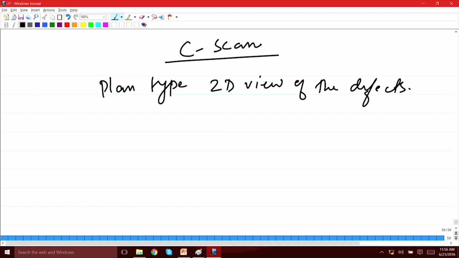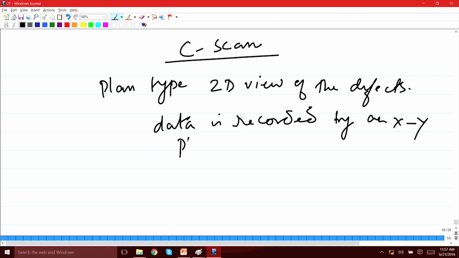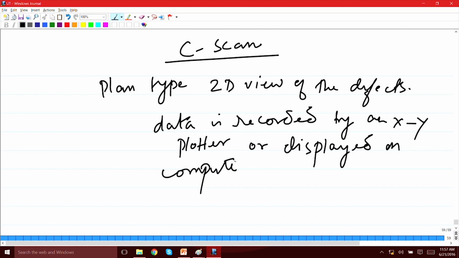And in order to generate that, this has to be plotted either on an XY plotter, so the data is recorded by an XY plotter, or it can also be shown on a computer screen, which is superimposed on the plan view of the sample.